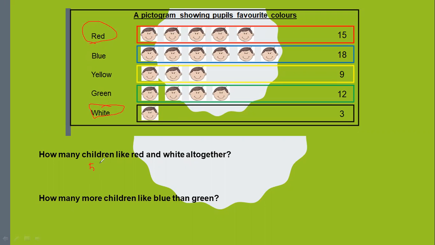Yeah, 5 plus 1, it is 6, right? So 6 you have to multiply by 3. 6 times 3, it is 18. So there are 18 people that like red and white all together.